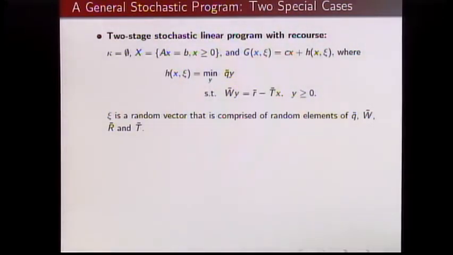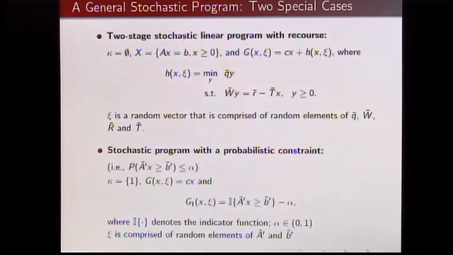So again, just a broad overview, like we've seen before. No stochastic constraints, linear first stage cost, and the objective function, which is convex, of the second stage. And all of this is a linear program. Or a chance constraint: if I want to write this chance constraint, minimizing a linear cost, I write my G function like this, my kappa number of stochastic constraints is 1, and so on.